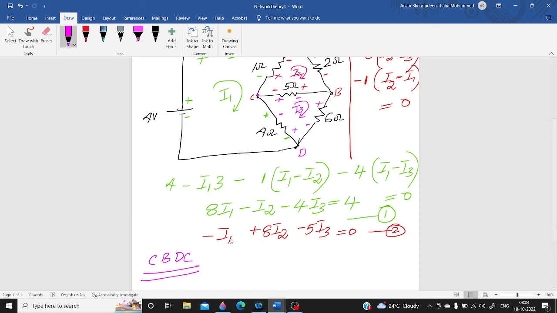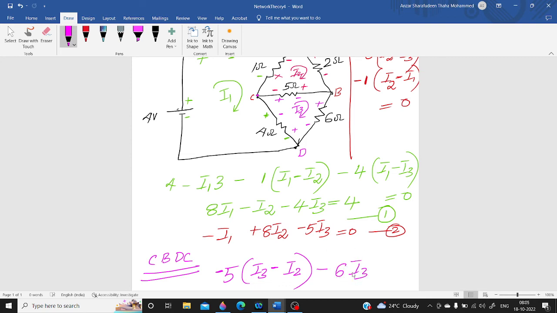Okay. So now let us start from this point C, B. The considering current is I3 and the resistor is 5. So there is a decrease in potential along the direction of I3. So minus 5 into I3 minus the opposite current I2. And here there are no other currents, only I3. So there is a decrease in potential and the resistor value is 6 and the current value is I3.